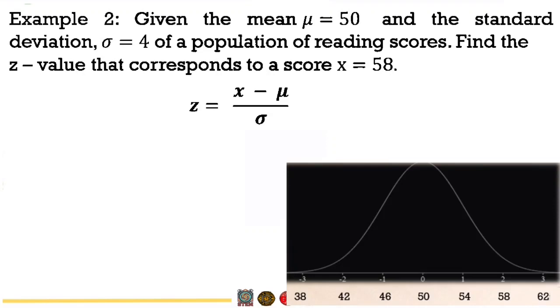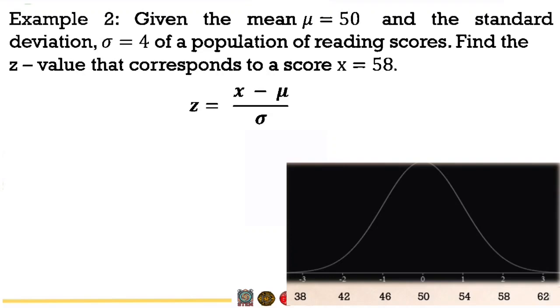Now, when your teacher asks you to illustrate the given, first, you will draw the standard normal curve, or the bell curve. When you say standard, the midline is 0, or the mean is 0, and each standard deviation is 1.